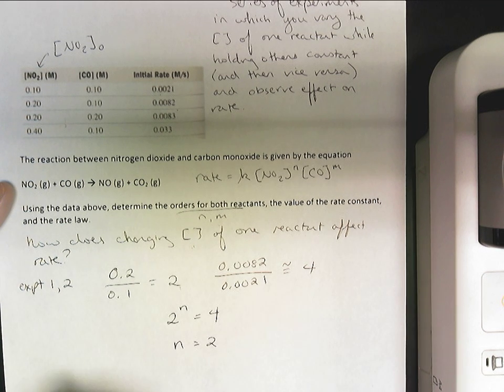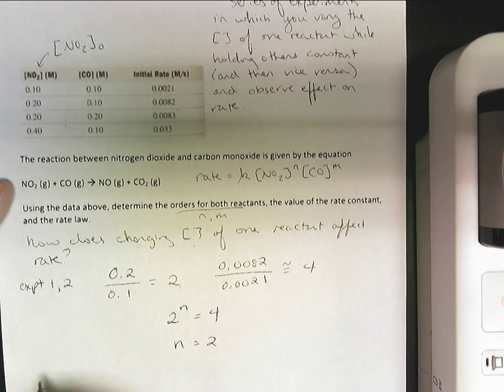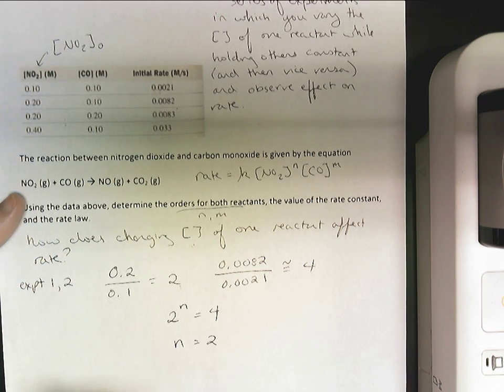So now we've got to look at the effect of changing carbon monoxide while nitrogen dioxide is held steady. So now I'm going to look at experiments 2 and 3.